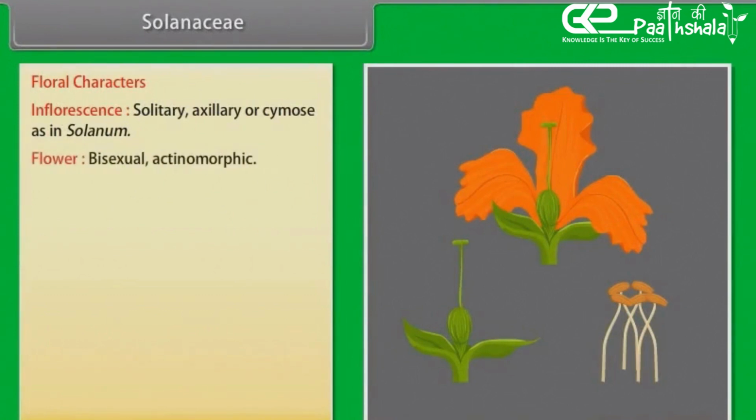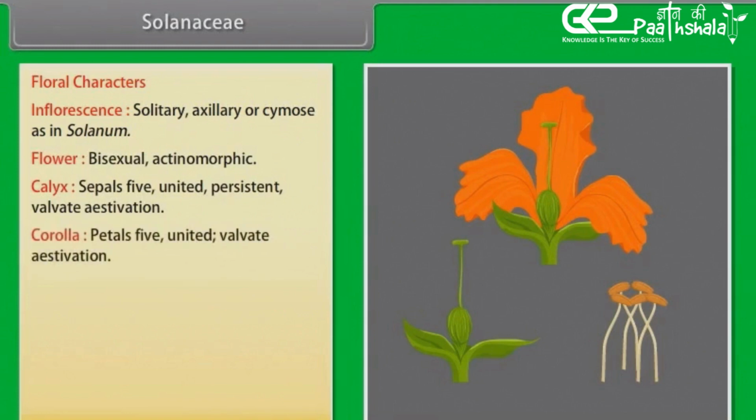Flower: bisexual, actinomorphic. Calyx, sepals 5, united, persistent, valvate aestivation. Corolla: petals 5, united, valvate aestivation. Androecium, stamens 5, epipetalous.